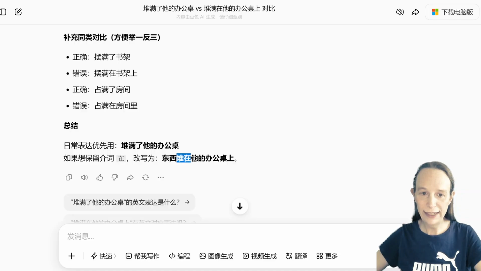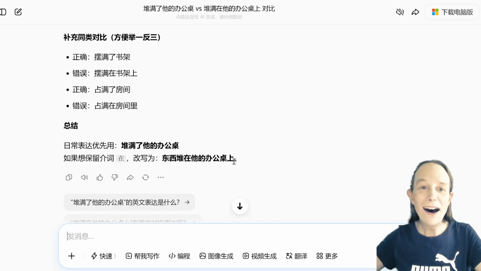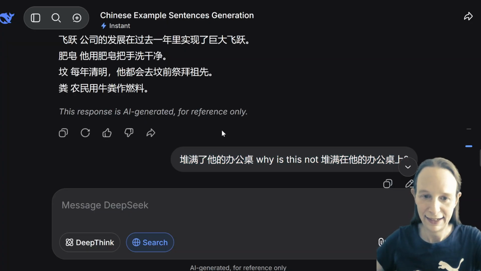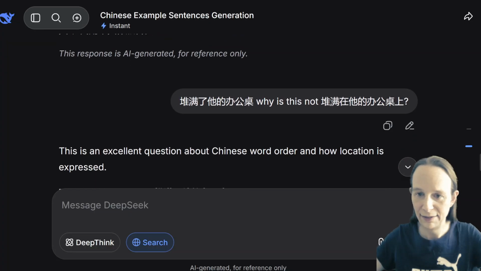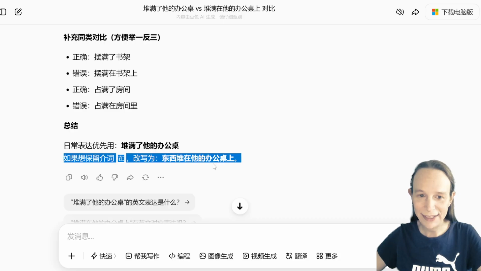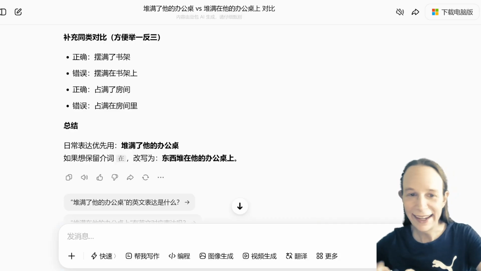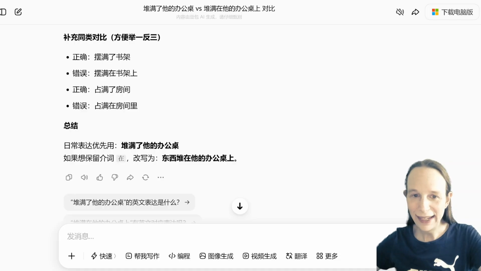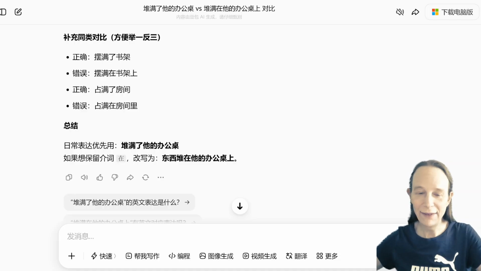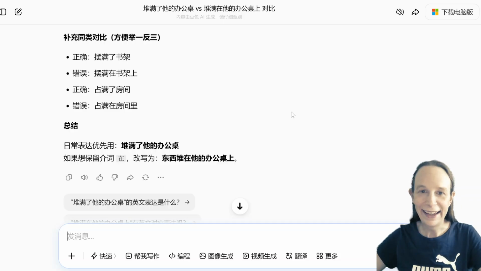Okay, 东西堆在他的这个. Oh, okay, the error is here. The 堆 cannot take both 满 and a prepositional phrase at the same time. Yeah, so I did make a grammar mistake. So 堆在他的办公桌上. Get rid of the 在.